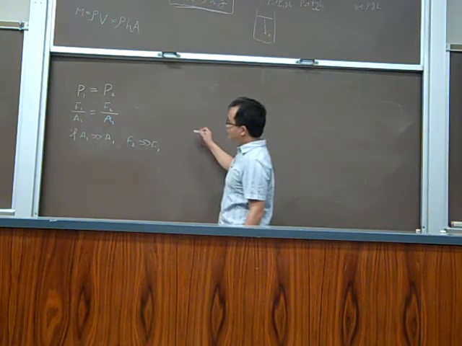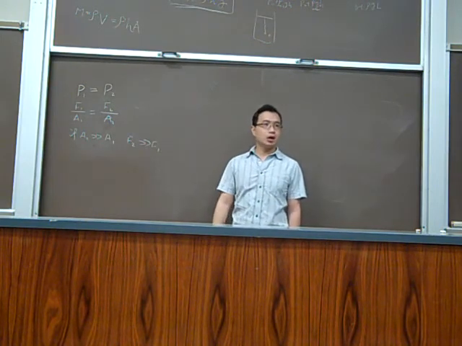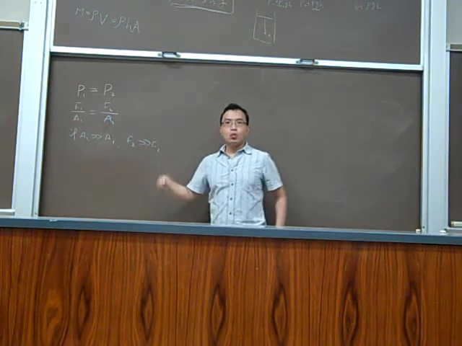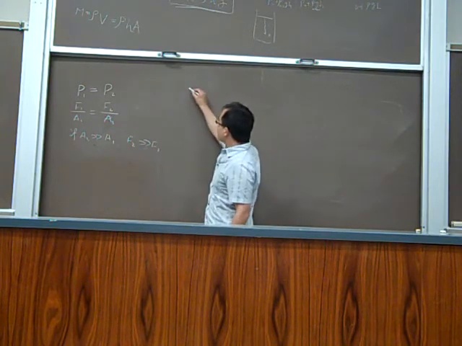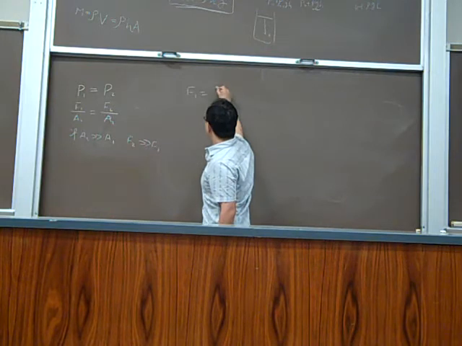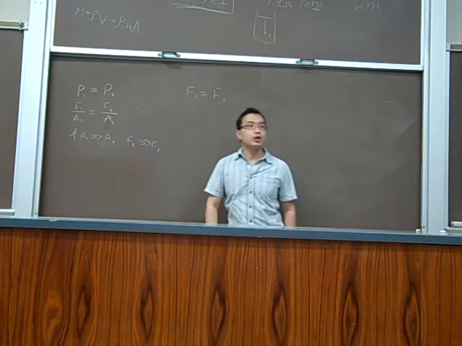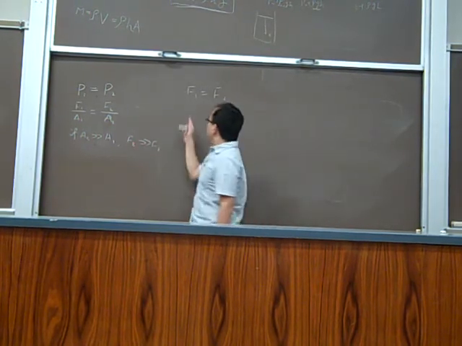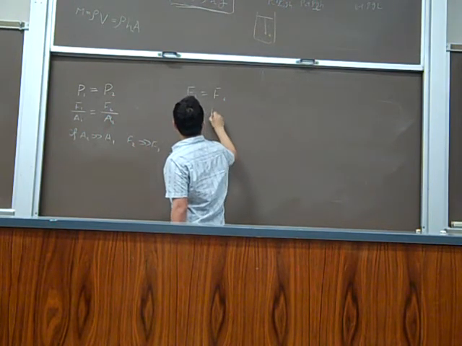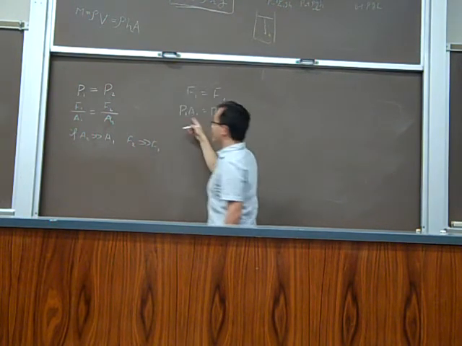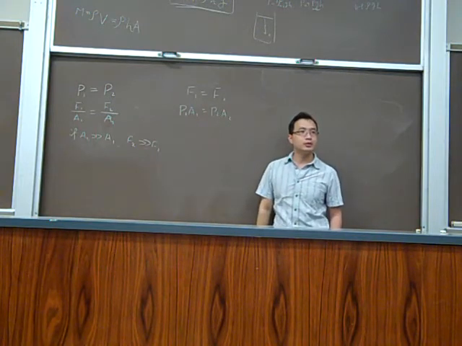We mentioned that a knife is an application of this. When you use the knife, on both sides the force will be the same: F1 equals F2. To have the same force, that means P1 A1 equals P2 A2, since force equals pressure multiplied by the area.